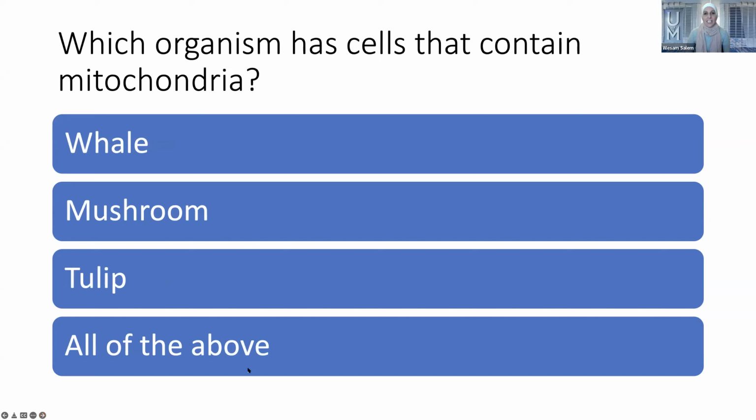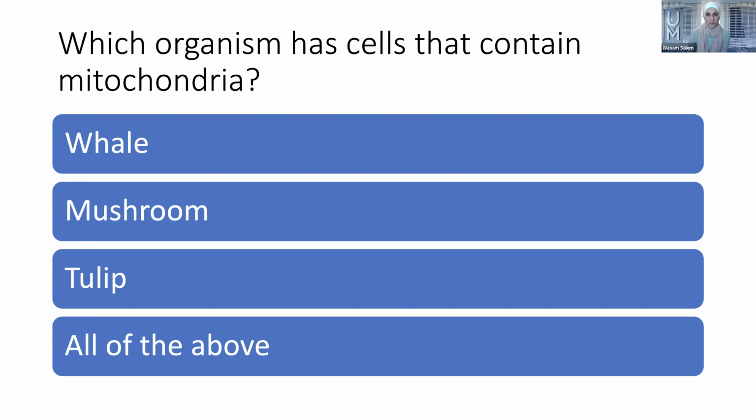All right, the second one, which organism has, I don't know, I can't read it, cells that contain mitochondria. What do you think? Share your train of thought and how you reached an answer. Okay, for this one, I had to really go back and think about the two cells, the animal cells and the plant cells.